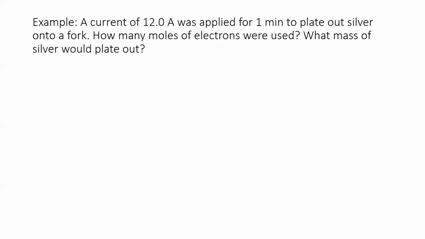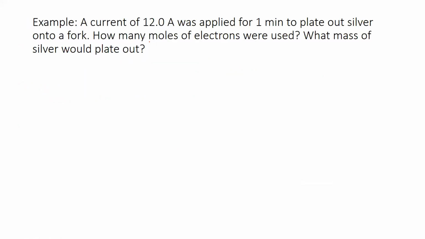And so the number of electrons will determine how much silver plates out. If we have a 12 amp current, and we know that 1 amp is equal to 1 coulomb per second, then we can figure out, first, how many moles of electrons are used in this process.